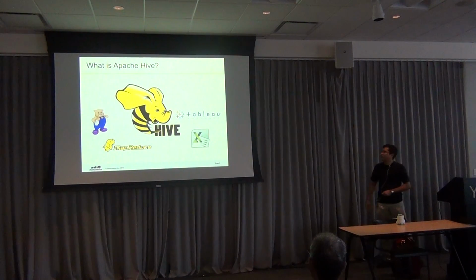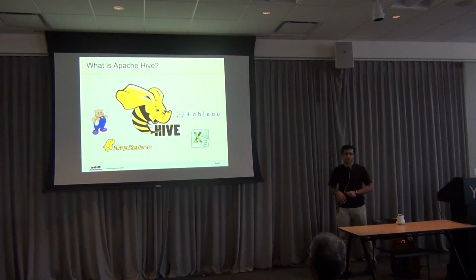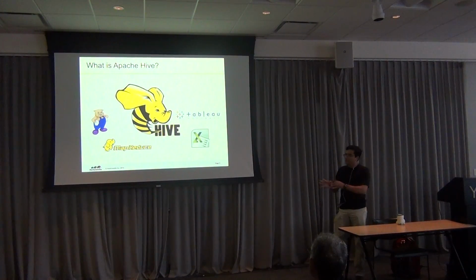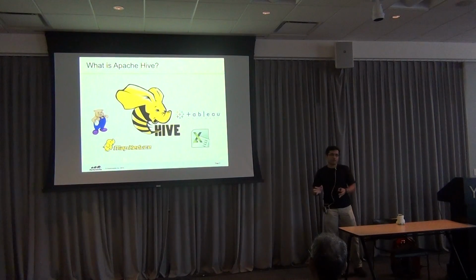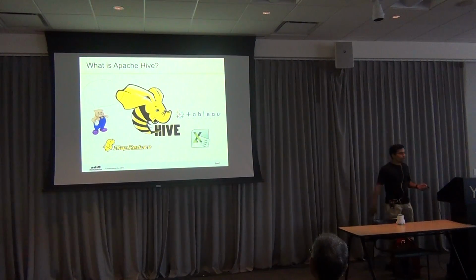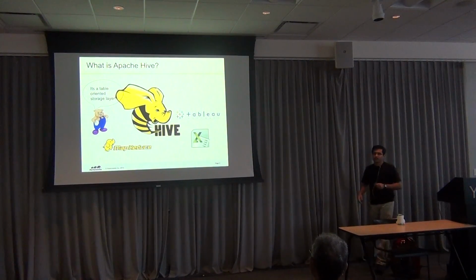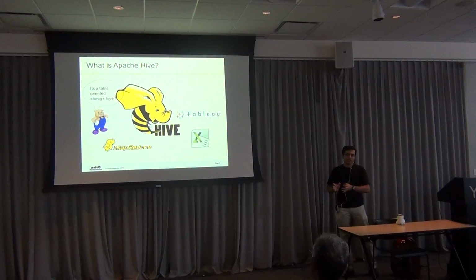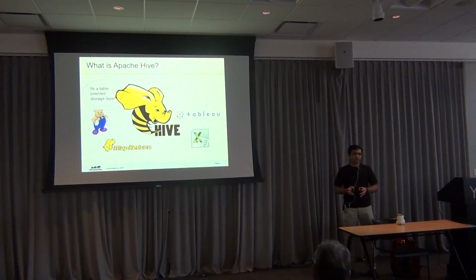So let's replace the elephant with Hive and the blind men with Hive users. If you ask Pig or MapReduce what Hive is, their view of the world, or their Hive view, is that Hive is a table-oriented storage layer.